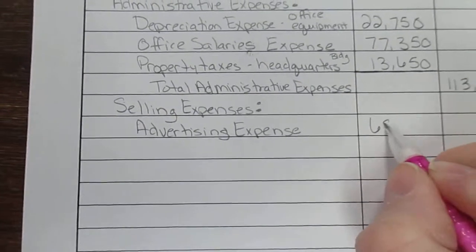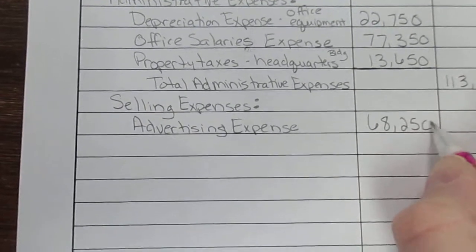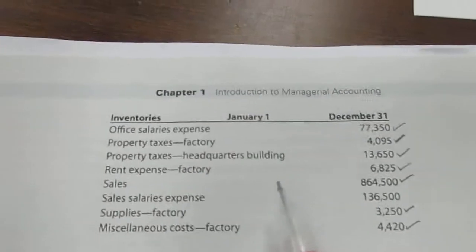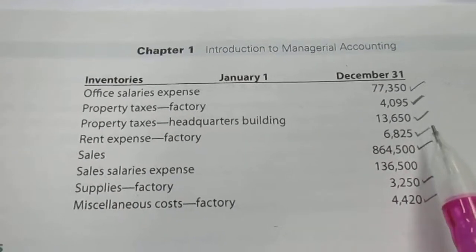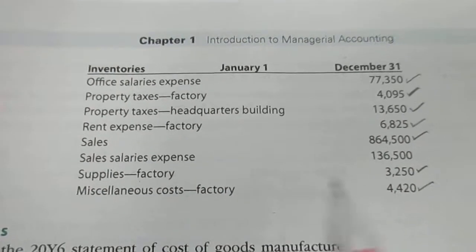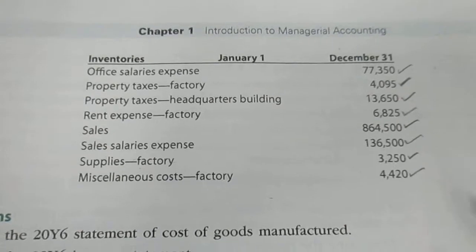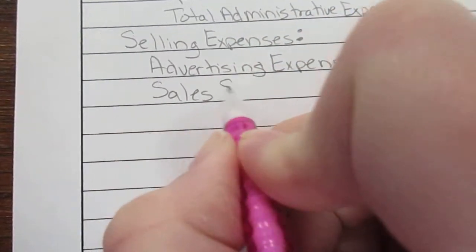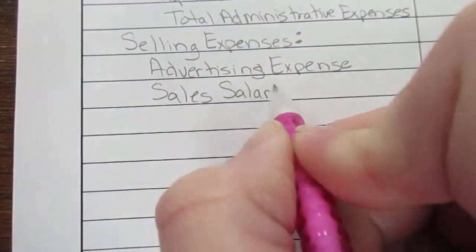And again, we're going to start in the first column. So as we scroll down and find our check marks, right here we have one sales salary expense for $136,500, and then that'll be the last one. The last one we pull from our book.